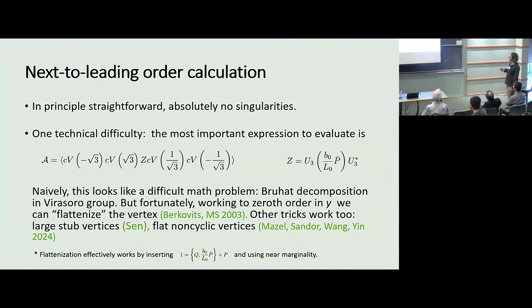But there are some tricks that work, like inserting this Hodge decomposition, or using large stub vertices. These are technical things that I don't have time to talk about, or flat non-cyclic vertices, as in the paper that appeared 2 weeks ago.